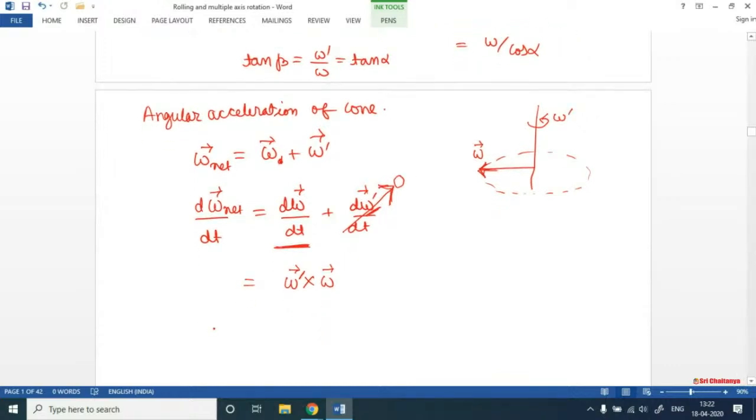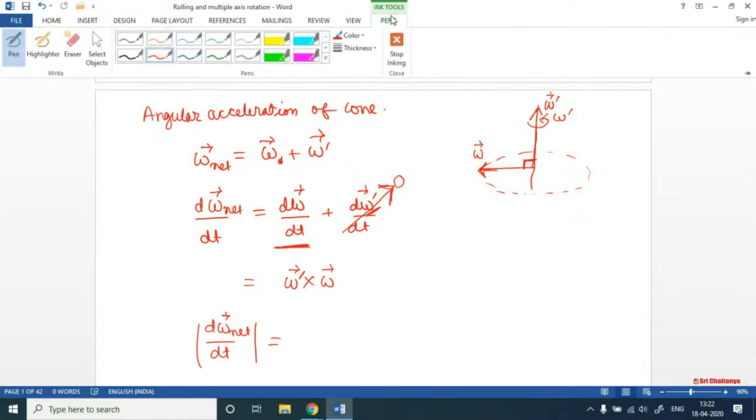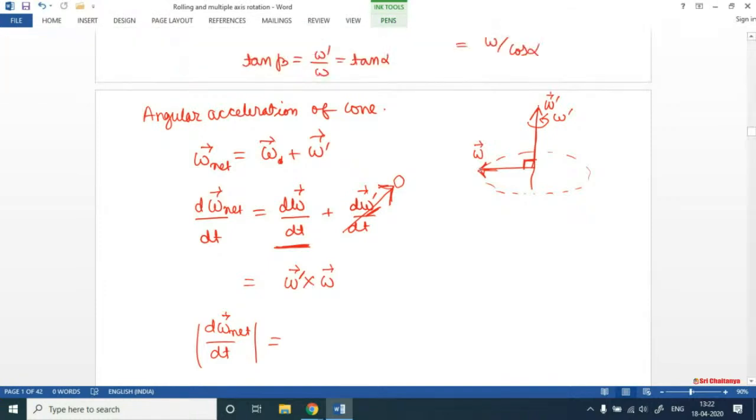If we wish to find the magnitude of d omega net by dt, you can see that the angle between them is 90 degrees, and this is the direction of omega dash. So the direction of d omega net, or simply the direction of alpha, will come out to be outward at this instant, so that means tangential.